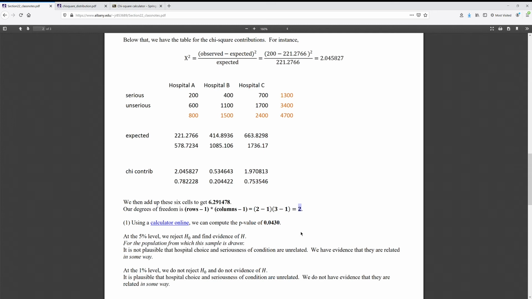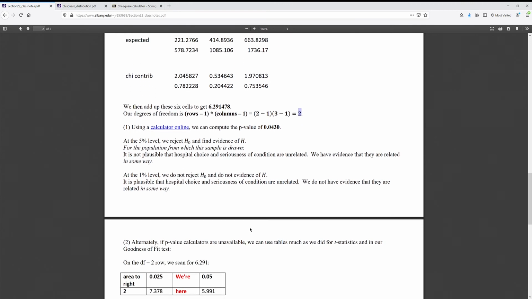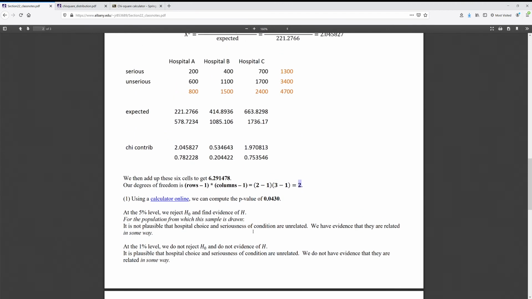So what I'm doing here is the 5% level and the 1% level. So what do we get? Well, if we're using the ballpark technique, then we're looking for the degrees of freedom 2 row, and we're tracking down 6.29 something.